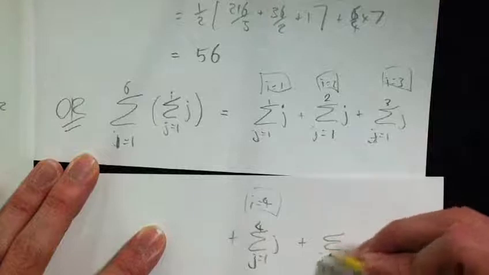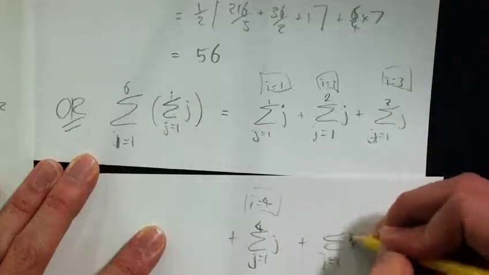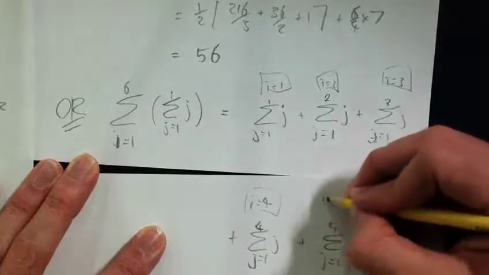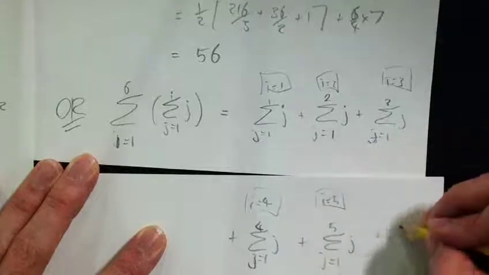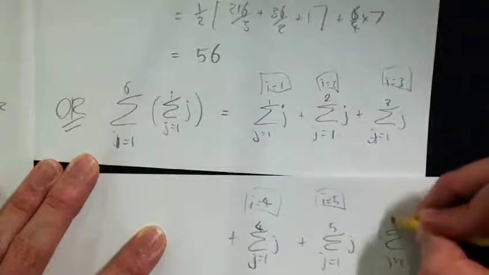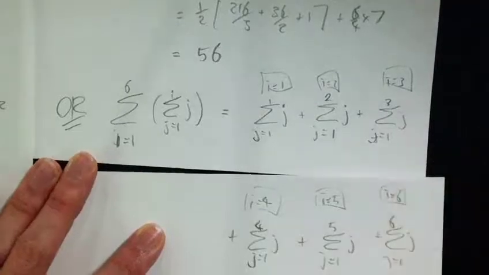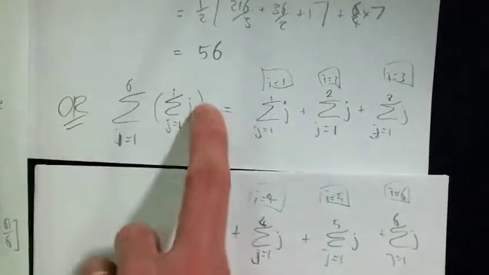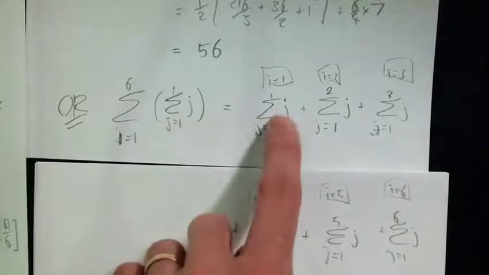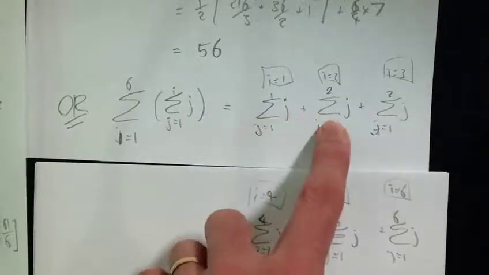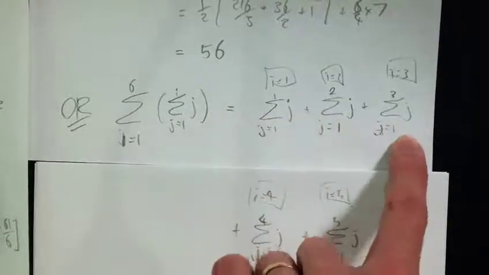This one's the sum from j equals 1 to I, but I is 5. And this one's the sum from j equals 1 to I, but I is 6. And I could have copied out everything that I had there, this entire bracket, copy it and replace the I with the number that it is. And I could now have figured out what each of those things is if I wanted.